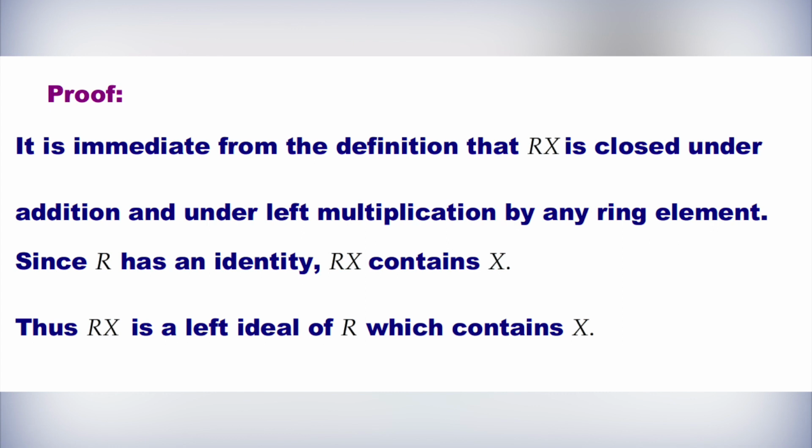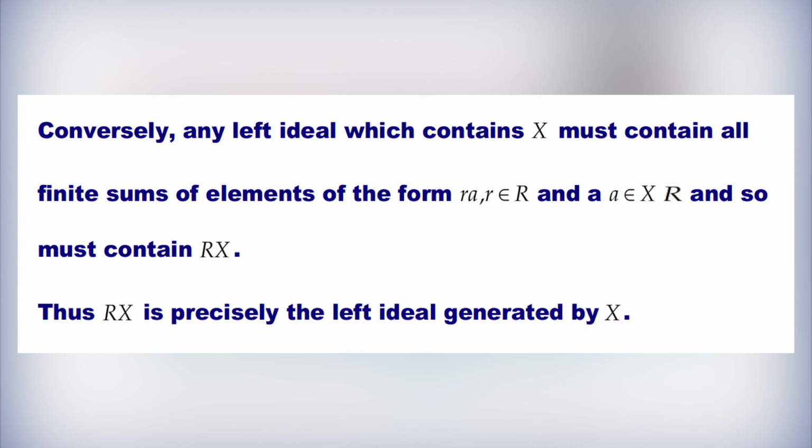Since R has an identity, RX contains X. Thus, RX is a left ideal of R which contains X. Conversely, any left ideal which contains X must contain all finite sums of elements of the form ra, where r belongs to R and a belongs to X, and so it must contain RX. Thus, RX is precisely the left ideal generated by X.